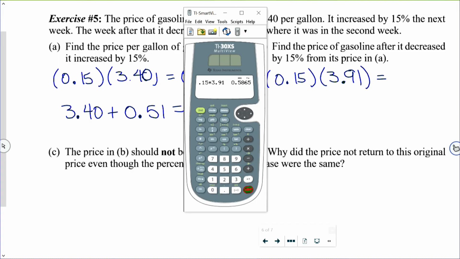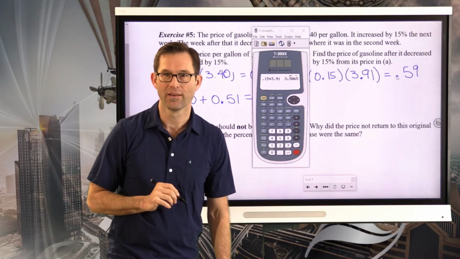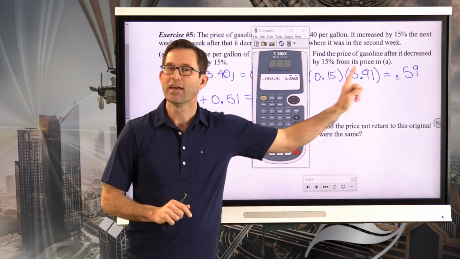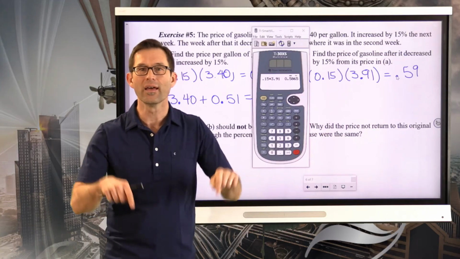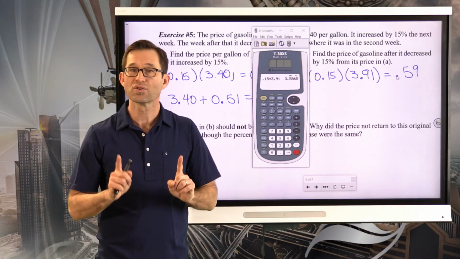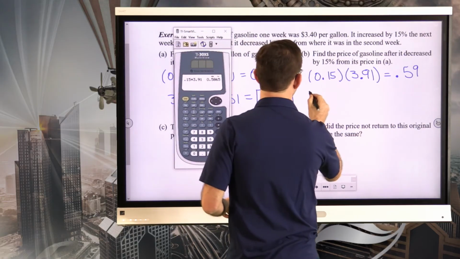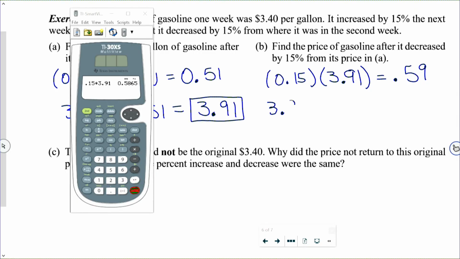0.5865. Now, again, we have to realize that we're going to round that, so that's going to be 0.59 when I round that number to the nearest cent. Now, again, that's not the price of the gasoline. That's how much it went down. So let's figure out the price of the gasoline now by taking our 3.91 and subtracting off our 0.59.